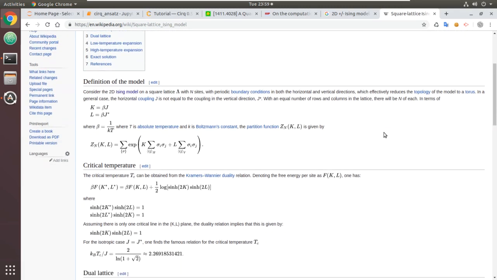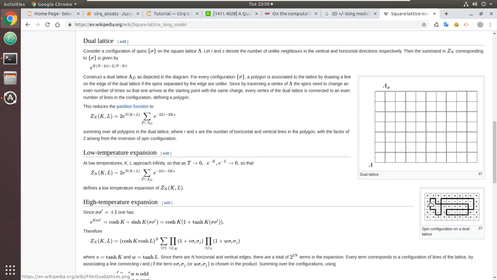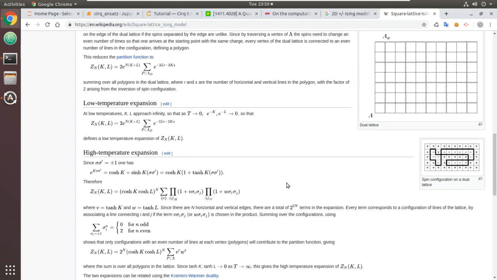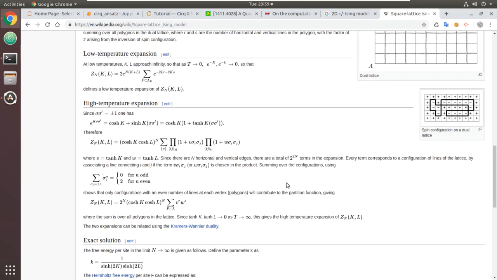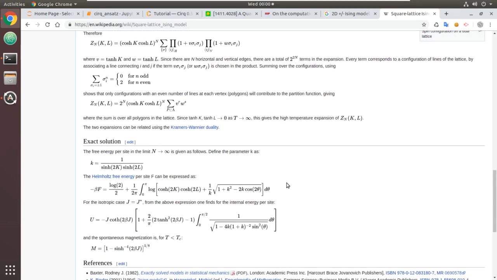Critical temperature. So that's the lattice, and those are the spins. Those are these plus ones and minus ones on a dual lattice. Exact solution.